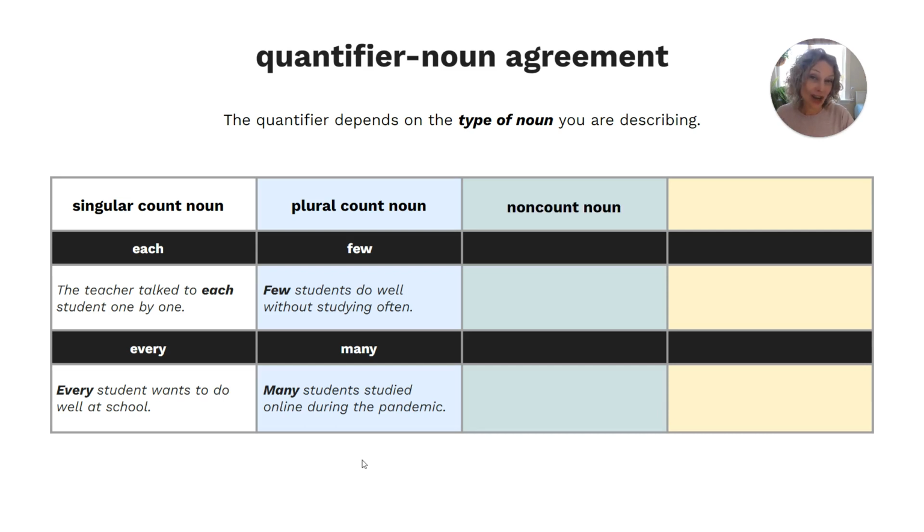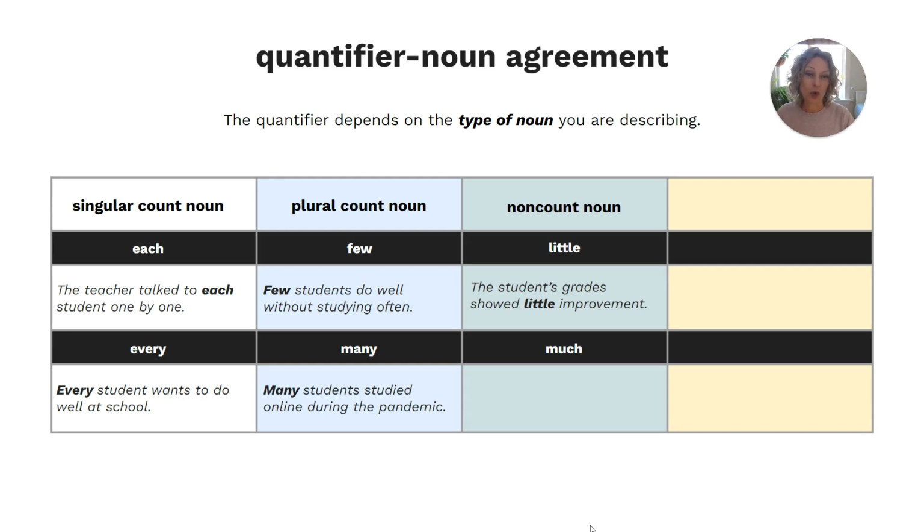However, if you have a non-count noun, you have to use different quantifiers to show the same idea of a small amount or a large amount. So for a small amount, you would say little. The students' grades showed little improvement. So improvement is a non-count noun here, and to show a small amount, we use the quantifier little.